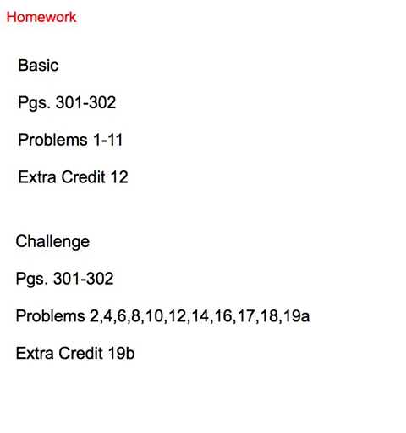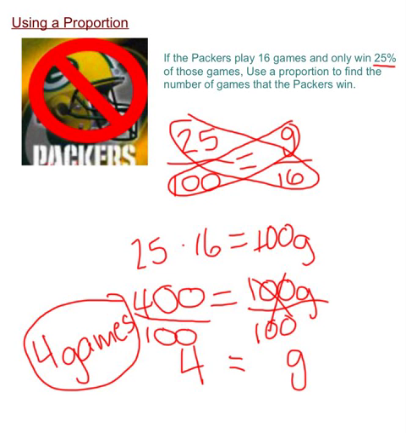Not too bad. Quick little reminder as we go through. Use the percent, set it up as your first ratio, and then use the rest of the information to set up the other ratio, and then use cross products to solve your proportion. Multiply two numbers you know, divide by the one that you don't.